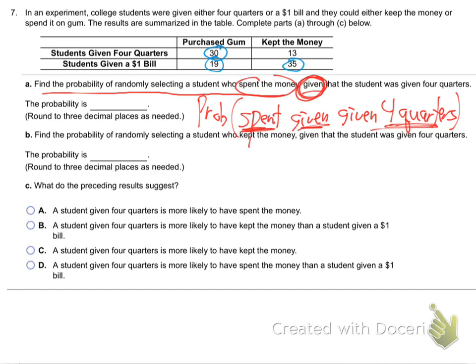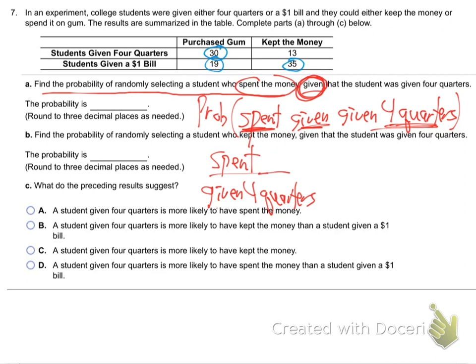So, okay, you know probability always has the total on the bottom. On the top, we're talking spent. Probability is always a fraction, right? And the bottom is always all the things that are possible. So the total in this case is actually going to be the 30 plus the 13. It's going to be those that were given 4 quarters, right?